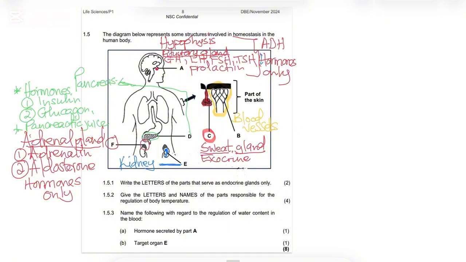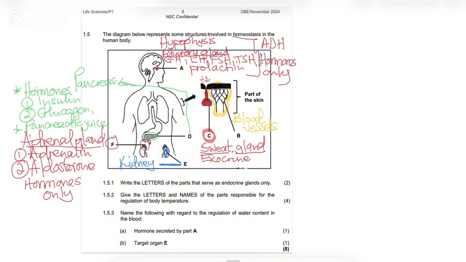The sweat, after it is produced here, will move up the duct and then be released on the surface of the skin. That's the way we could study the diagram.